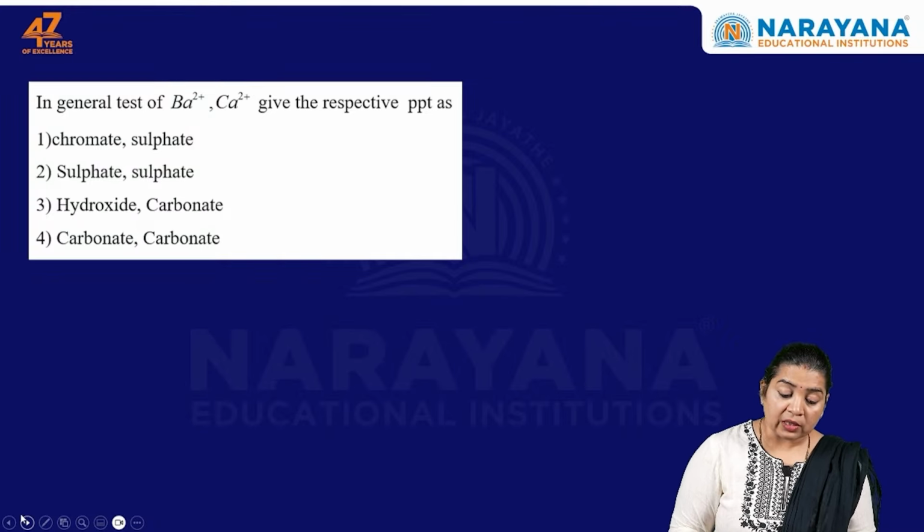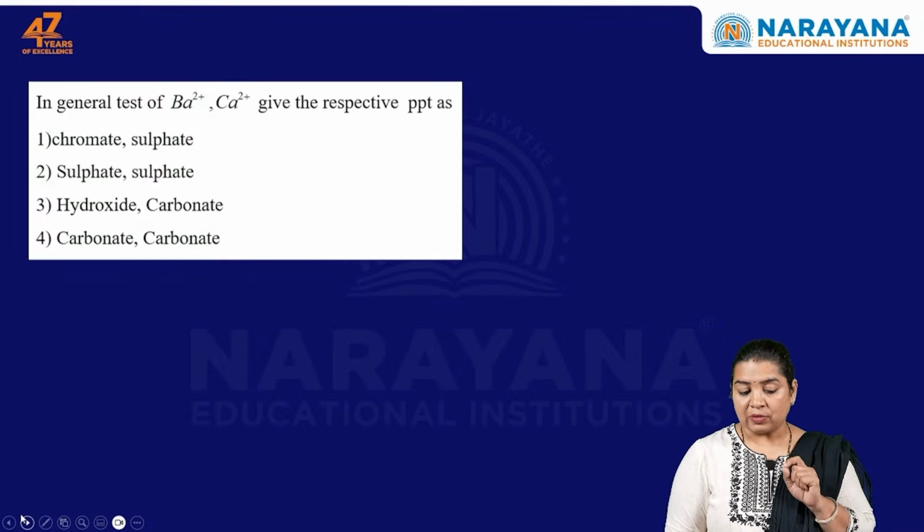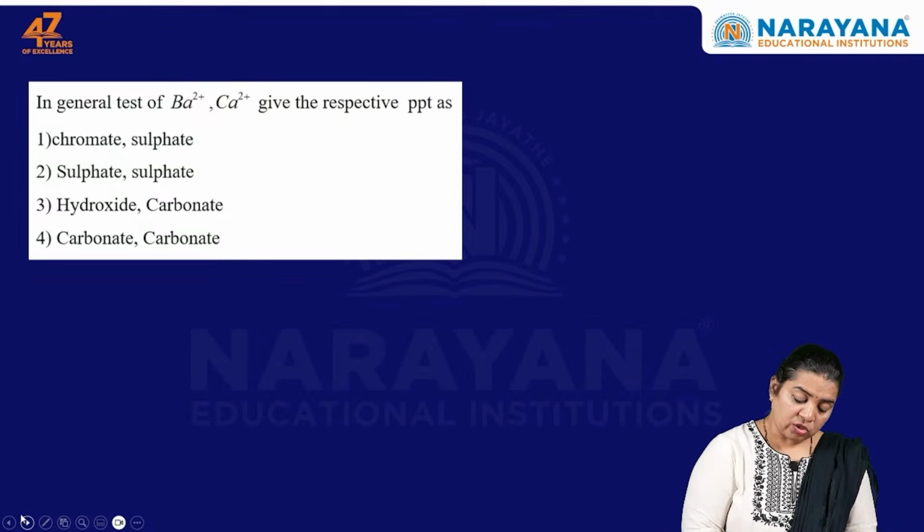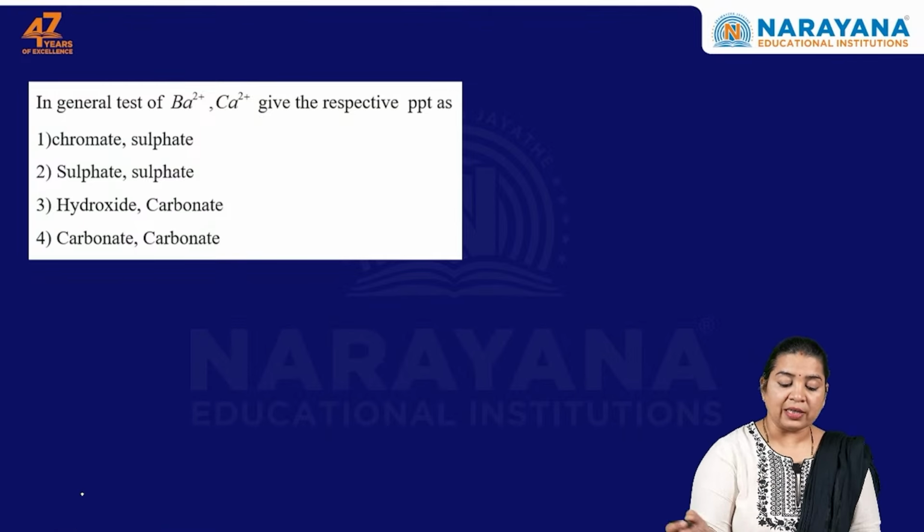In general, test of barium 2 plus, calcium 2 plus, give the respective precipitate. Now, the point is, what is the general test?